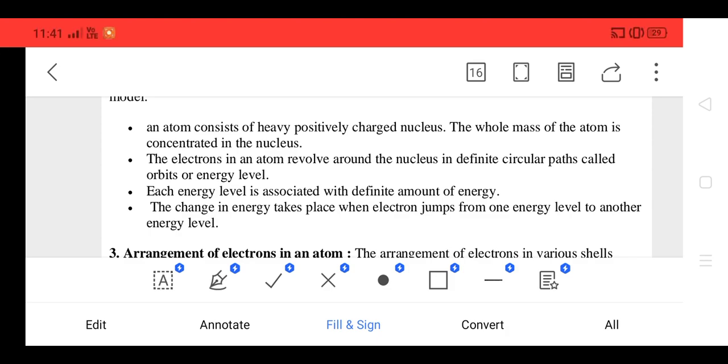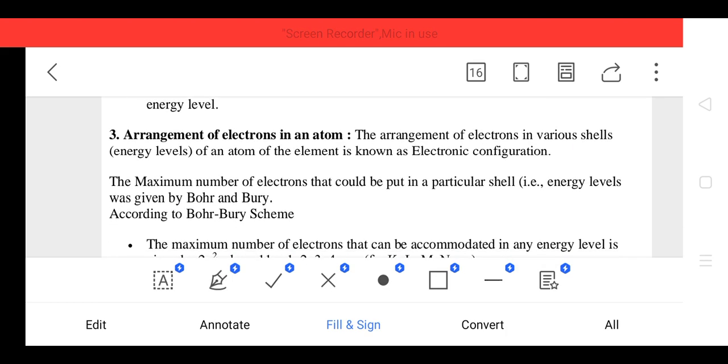The electrons in an atom revolve around the nucleus in definite circular paths called orbits or energy levels, and each energy level has a definite amount of energy. So a change in energy takes place when electrons jump from one energy level to another energy level. These are the observations made by Niels Bohr's atomic theory.